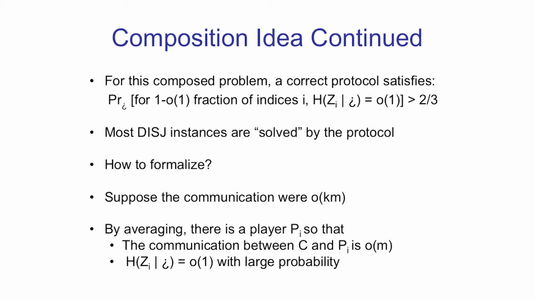In particular, this player's Zi is typically determined. So what we're saying is there's a player which has low communication with the coordinator, and for which, if I look at a transcript, it's typically the case that I can figure out this bit Zi up to some small error. So a union bound gives you both of these simultaneously. So let's fix this player, this good player.